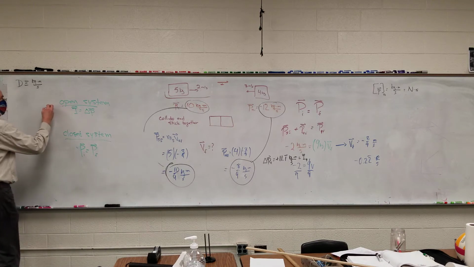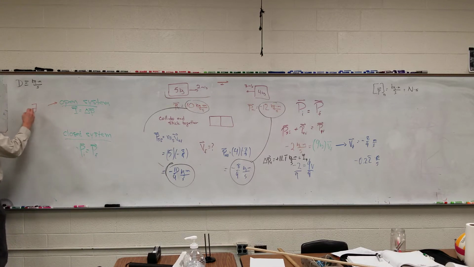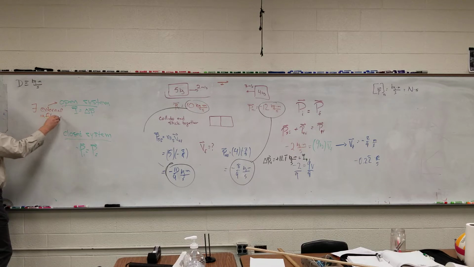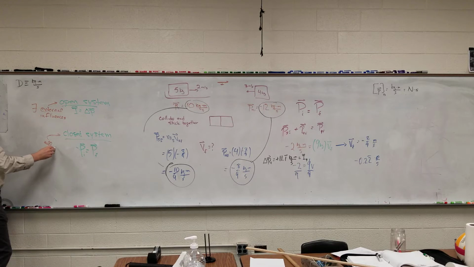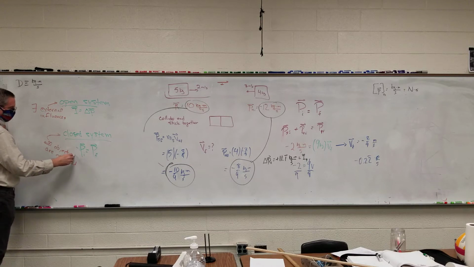So open system, there exists, that's what the backwards E means, there exist external influences. Closed system, all objects are considered. All objects influencing each other, I guess I should say.